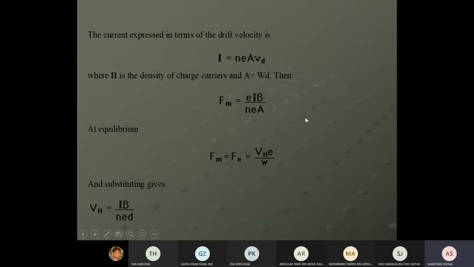By using the derivation, the drift current formula involving drift velocity, the drift velocity has been replaced. Electric force and magnetic force are equated, and we found the Hall voltage to be IB over NeD.